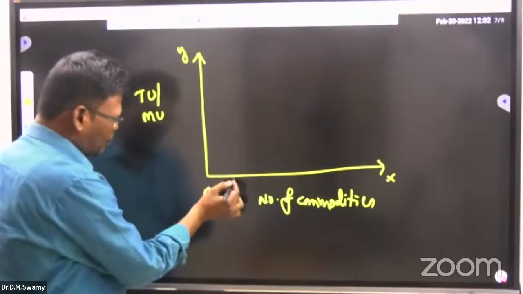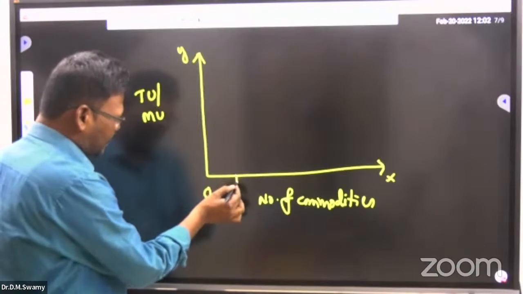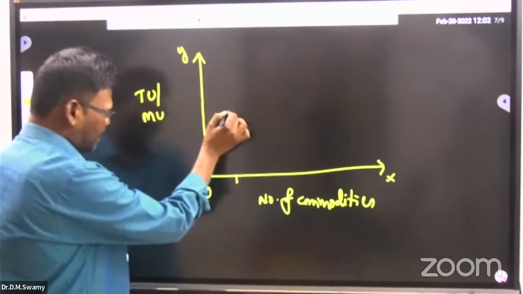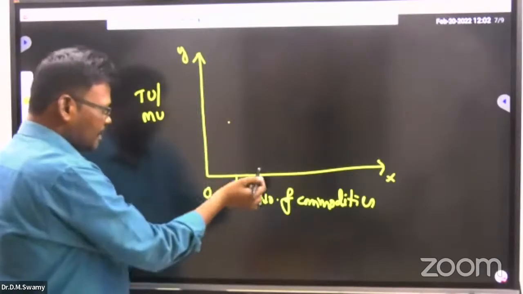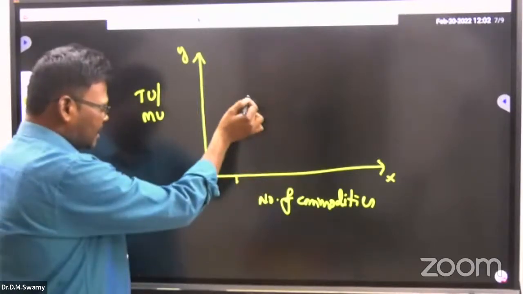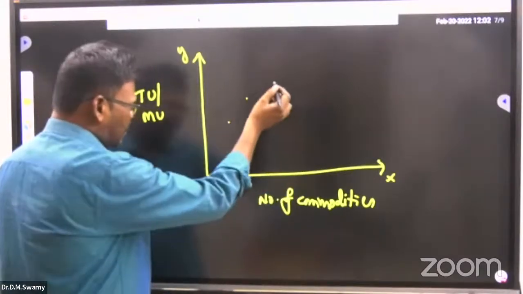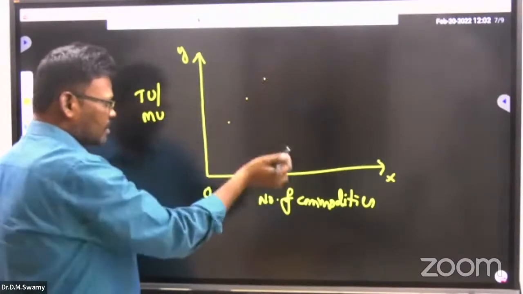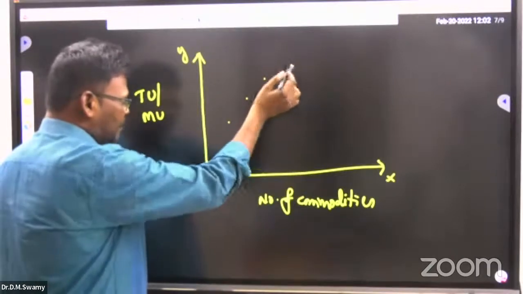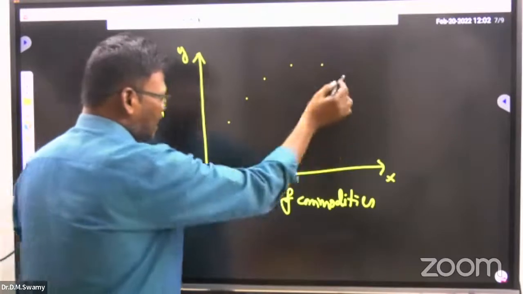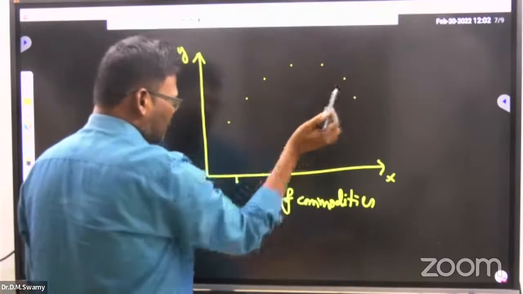So when there is the first commodity, there is around 20 utils. When it is the second commodity, there is 35, something like that. When it is the third commodity, like 40, the fifth commodity 50, and the sixth commodity we can get 50 again, then 45, 35 like that.